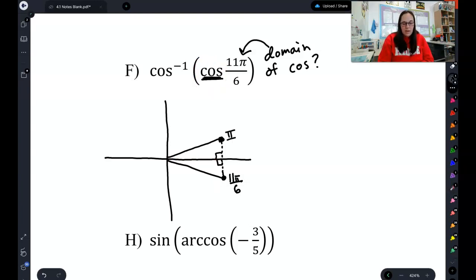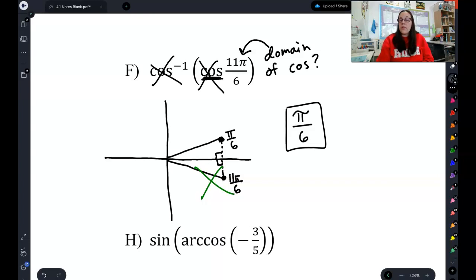This one's at pi 6. This one's at 11 pi 6. Now we already said this one doesn't work because it's not in the correct domain restriction. It's not in quadrant 1 or quadrant 2. However, pi 6 is. So that is our answer. They do cancel each other out.